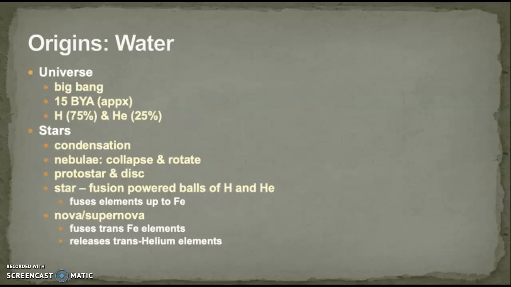It's basically fused most of the hydrogen at the core into helium, and so the reaction slows down. When that reaction slows down, the pressure that holds the star up and prevents it from collapsing diminishes, and the star begins to collapse further. This is going to lead to the end of the star ultimately.